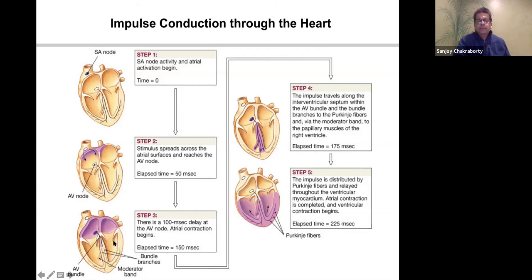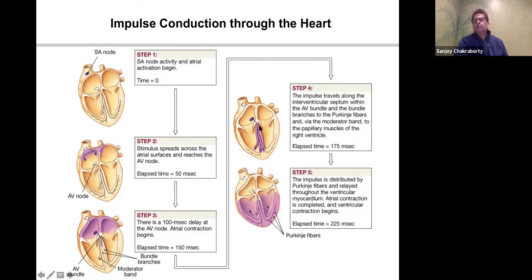So if the ventricle and atria contract at the same time, the atria contraction will not result in anything. So the atria want to complete their contraction before the ventricle even begins. So this 100 millisecond delay will be extremely helpful in this case. They have a physiological advantage here. In the Midtown Tunnel, a 100 millisecond delay, or even a 100 hour delay, has no physiological advantage, but here we have a physiological advantage.